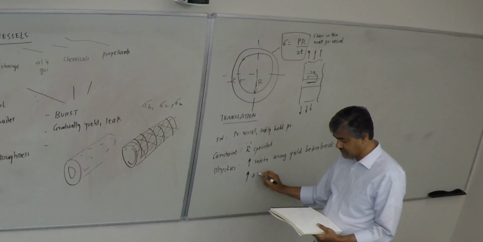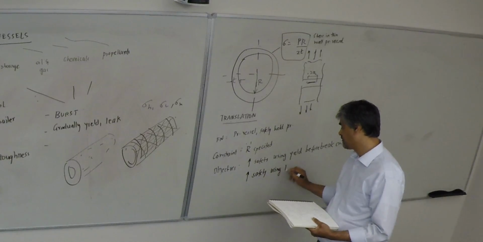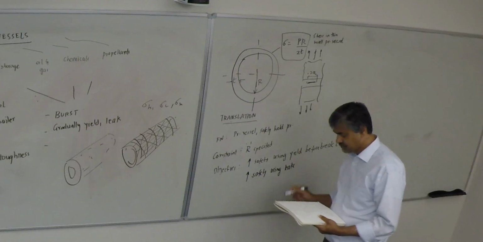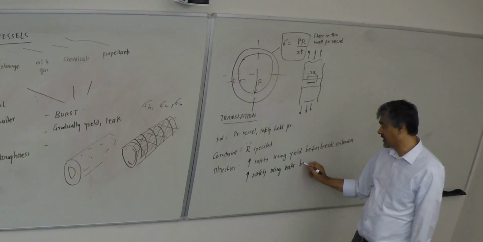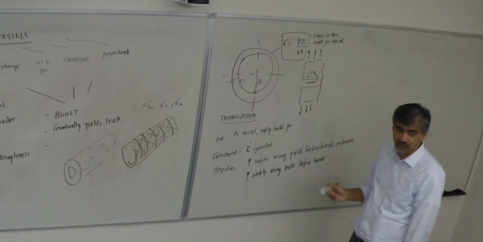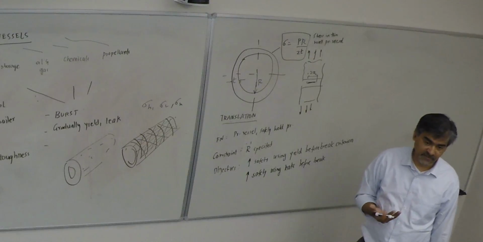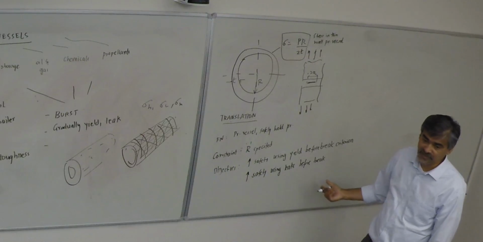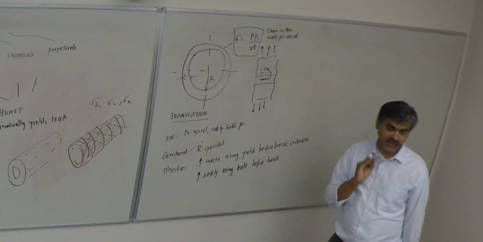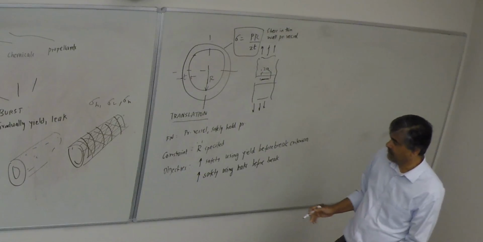Also you need to have safety using leak before break. Like in a pressure cooker, you put a valve, and when the pressure exceeds the limit, the valve will open and release the steam, and that makes it safe. That's kind of the idea of the leak. You're allowing a controlled leak so that it will diffuse the situation.